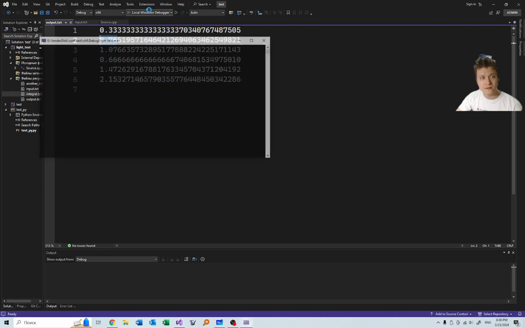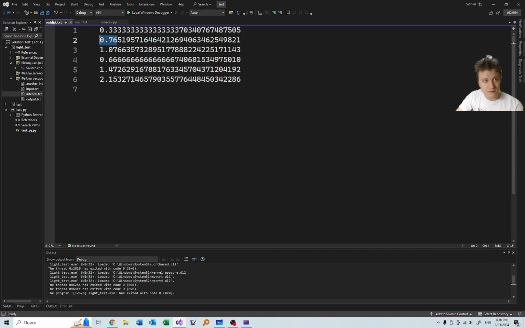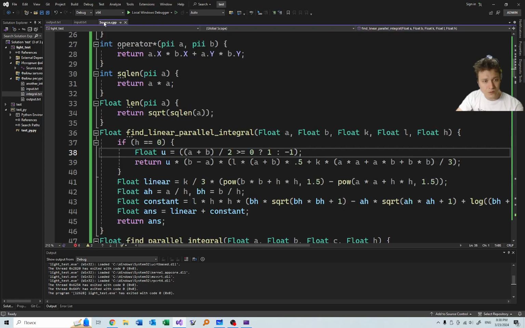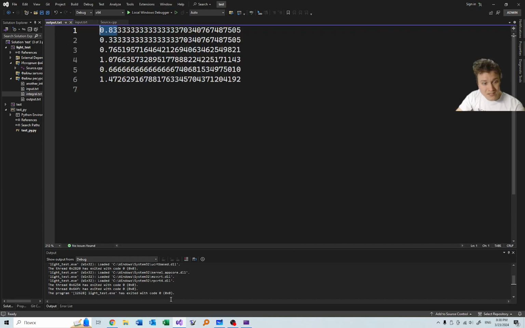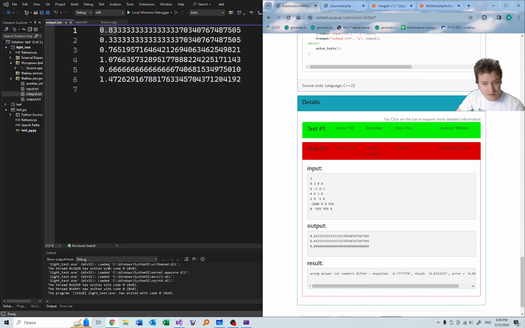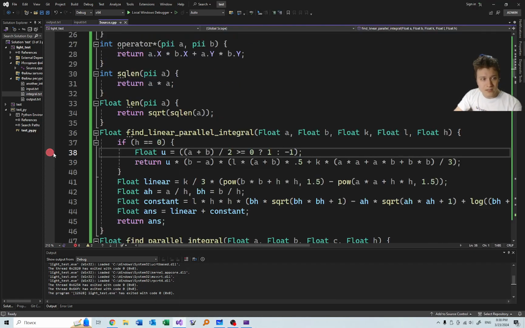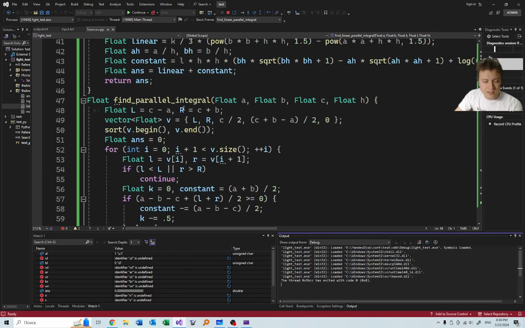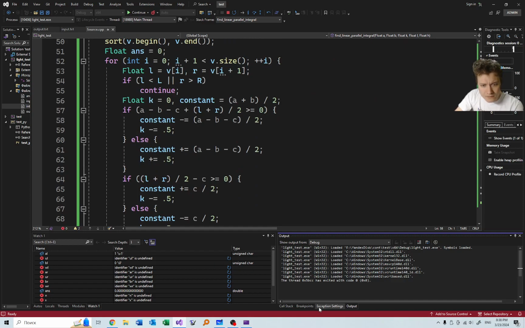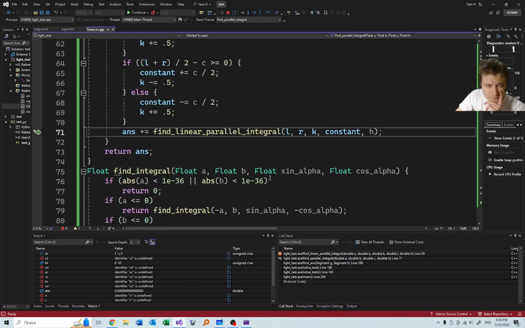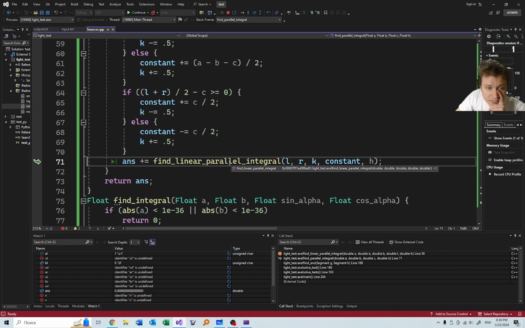So it gives 5/6. What? It is not giving me 5/6. Ah, it is giving me 5/6. And I think it gives it to me right away. So stack, find linear parallel integral. Answer.